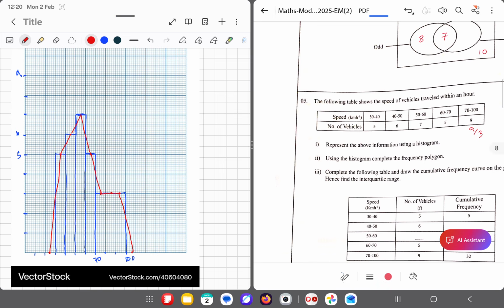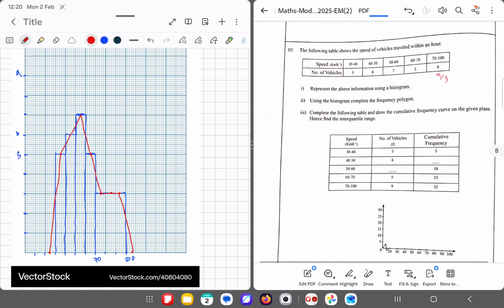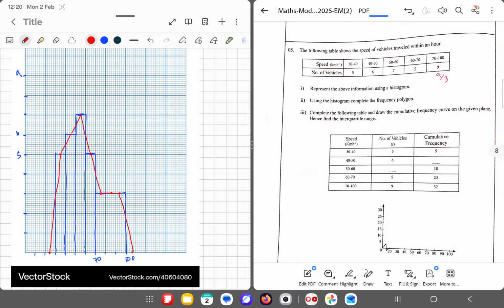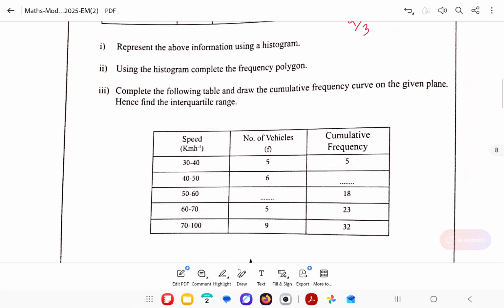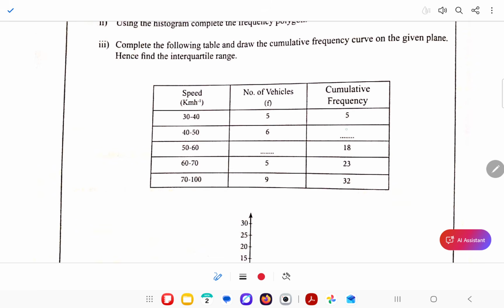Complete the following table and draw the cumulative frequency curve on the given plane. Right. Complete the following table.